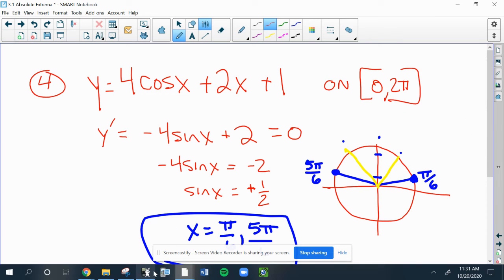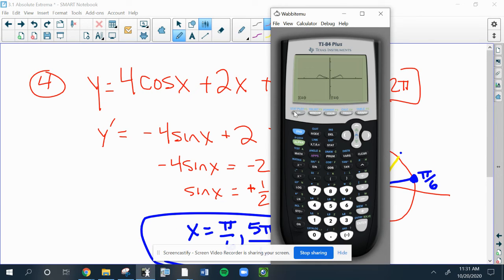And finally, I'm going to look at the trig one. This one, if you remember, I'm going to zoom trig. And then you can get a lot about this graph based off that, especially the answers on the unit circle. So I'll remind you of that while we're looking at this graph of 4 cosine x plus 2x plus 1. Here's the graph. This one I'm going to make a point to zoom trig. So zoom 7.